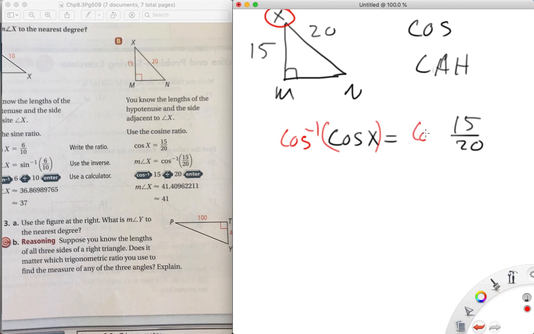What I do on one side, I do to the other. Inverse cosine and cosine cancel out. That leaves me just the angle, X. And I would press second cosine, 15 divided by 20, and it gives me 41.41 degrees. Okay.